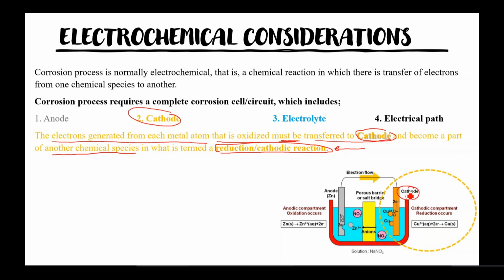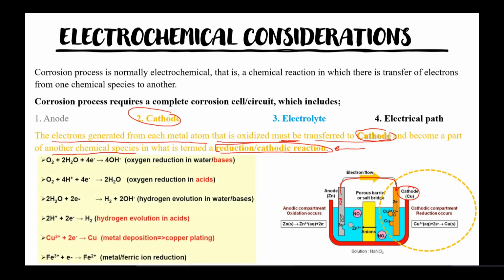This is your cathode, and the electrons that were generated over here reached the cathode with the help of the electrical path. And what is happening at the cathode? At the cathode, you have this reaction taking place. That means ionic form, utilization of electrons, reducing valency.